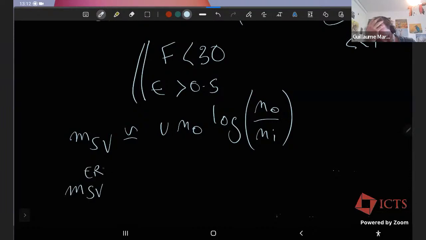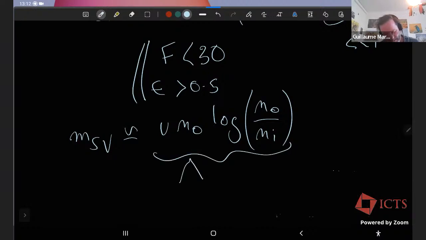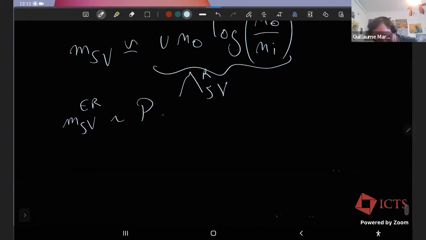These guys are going to be Poisson with this rate. Let's call it lambda SV R, for resistance. And the MSV ER are just the same, but after correcting for establishment in the future.